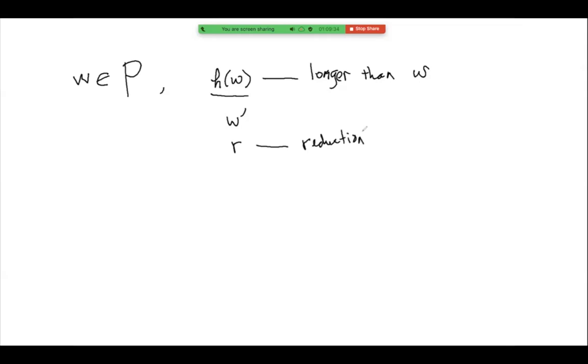Hopefully, when I apply R on this h of w, it gives me a password in P. That is the idea.